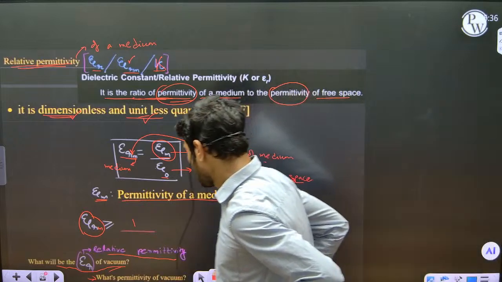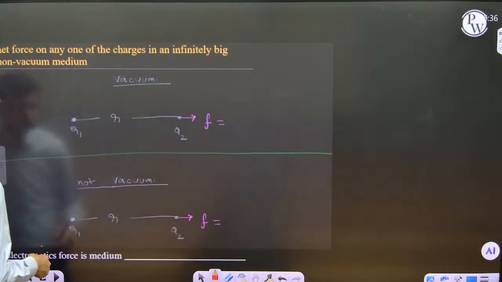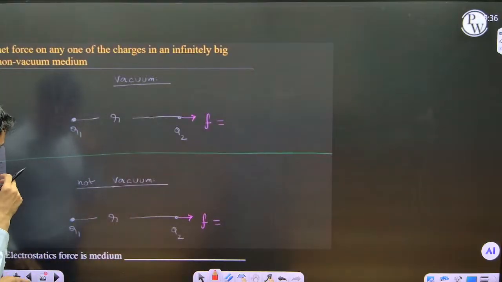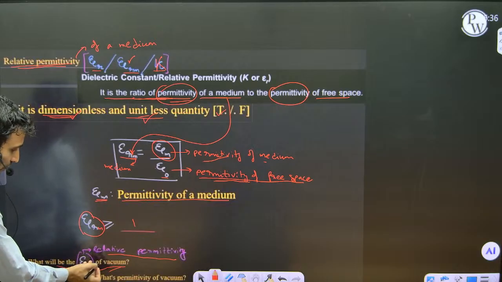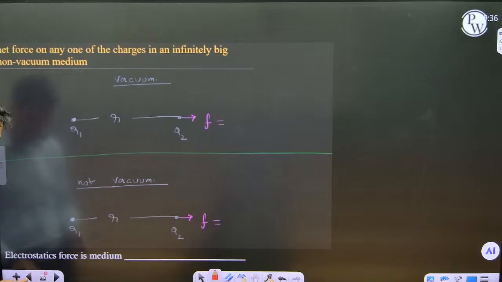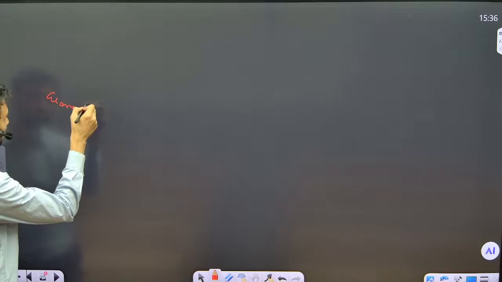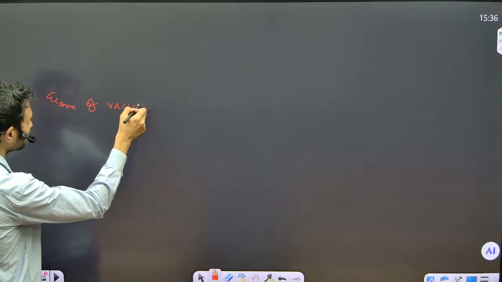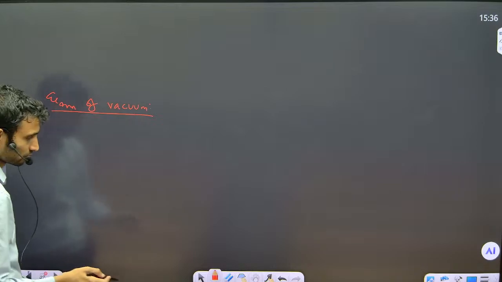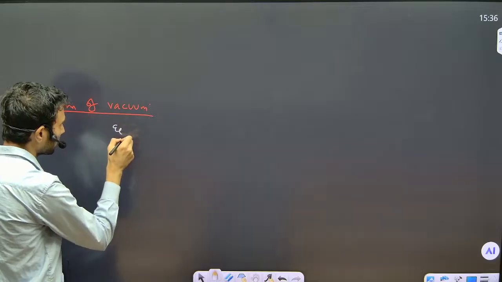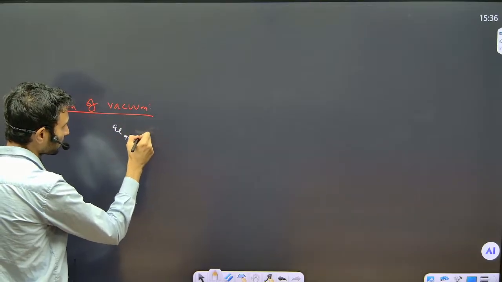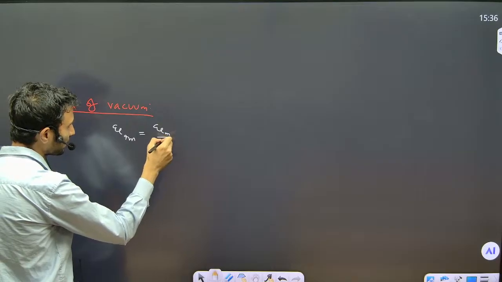Right, let's go ahead. Okay, we had to see what is the epsilon r of vacuum. So let us check it here. Epsilon rm can be written as epsilon m by epsilon naught.